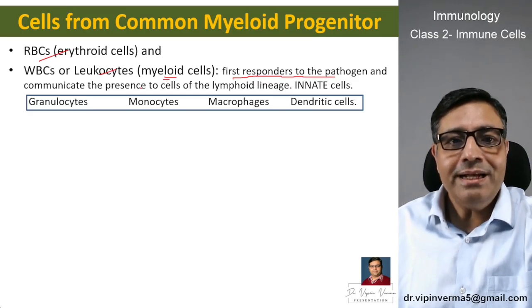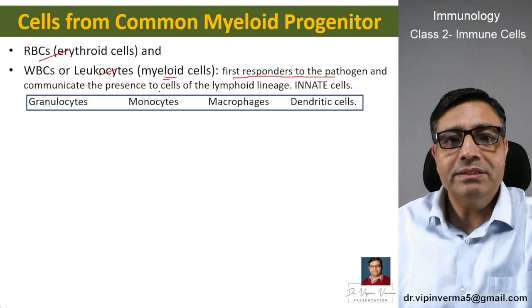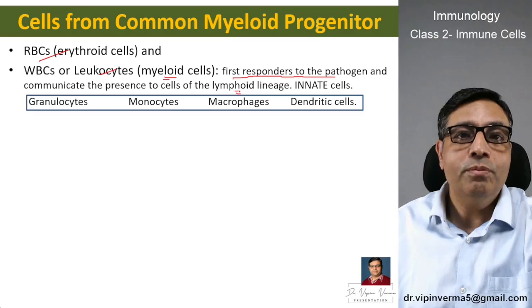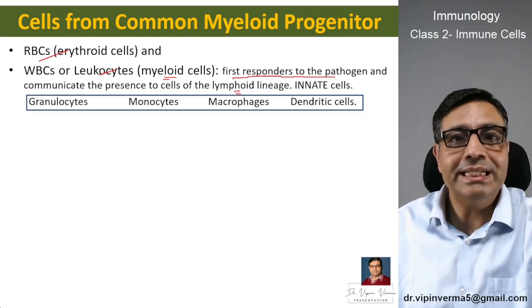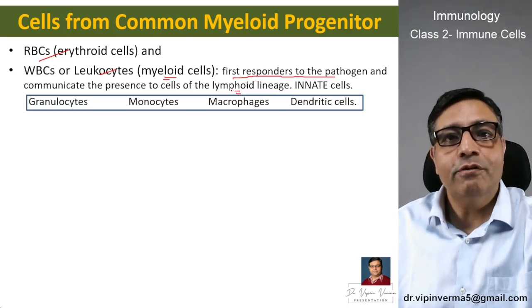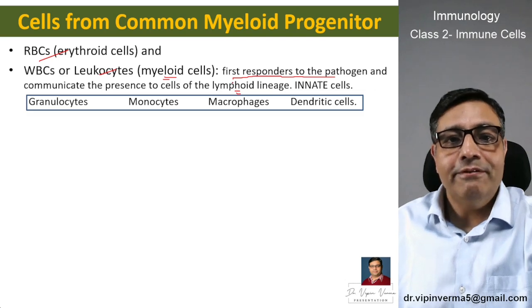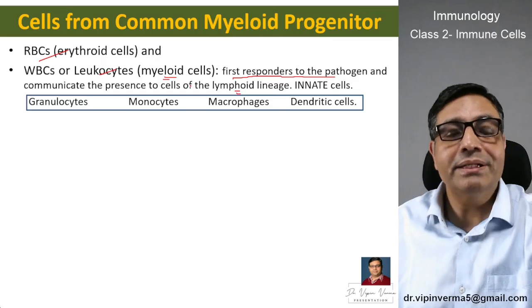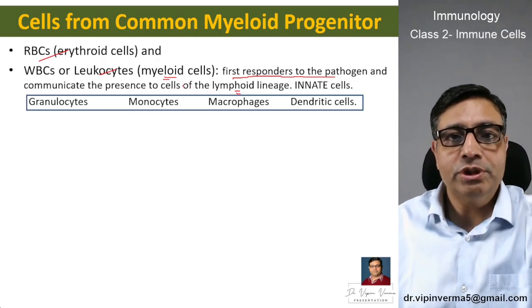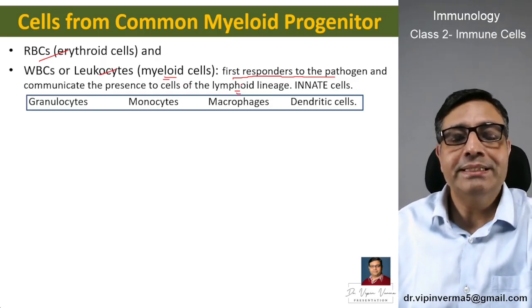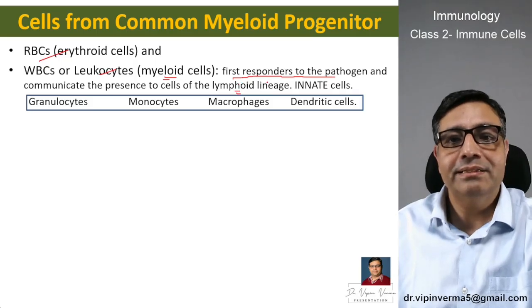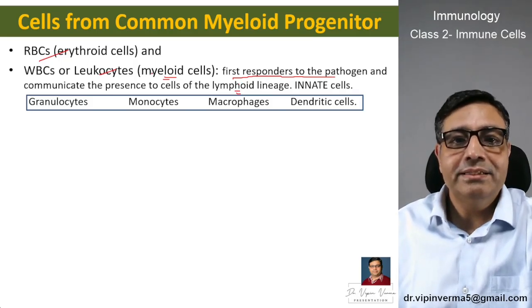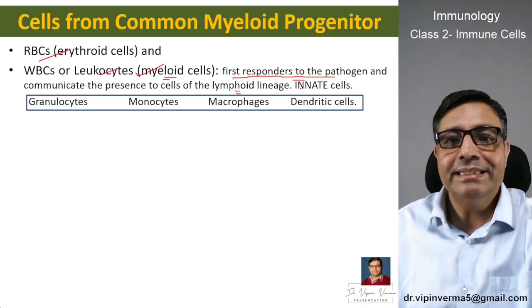Okay, and they communicate the presence to the cells of the lymphoid lineage. So that means we have B cells and T cells which are of the lymphoid lineage. So these leukocytes communicate the presence of the pathogen to the lymphoid cells, the B cells and the T cells. So these leukocytes of the myeloid origin are the innate cells.